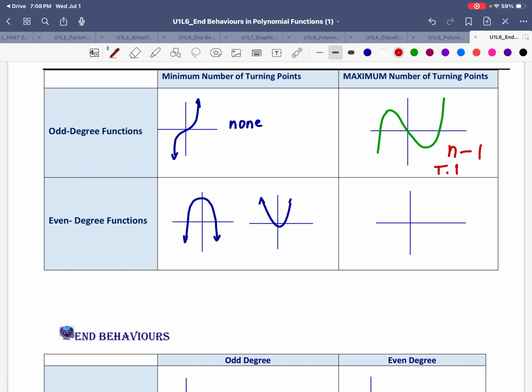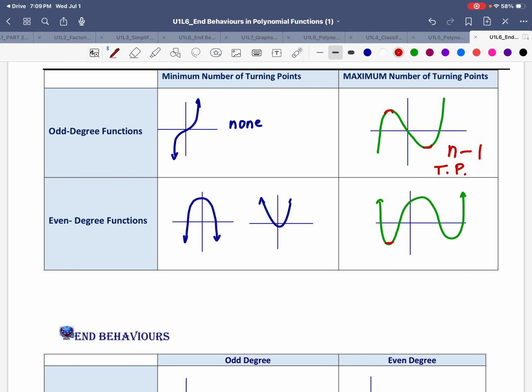Now, the same thing applies to even degree polynomial functions. So if we have, say, for example, a fourth degree polynomial function, then we have the right to go a maximum of 4 lines connected to each other in a nice smooth curve to make the polynomial of 4th degree. And you see that 4th degree can have 3 turns, which is 1 less than the degree of the function.